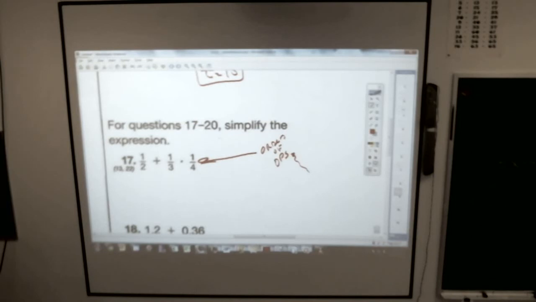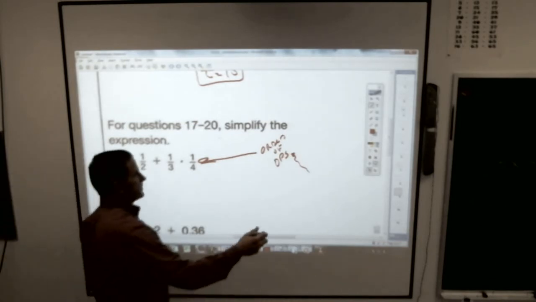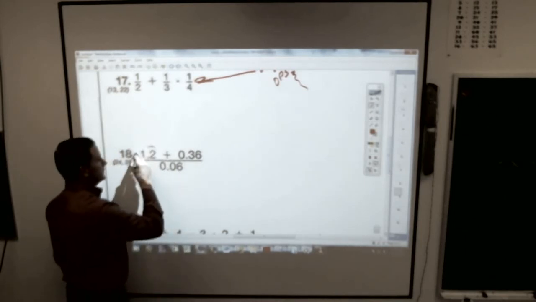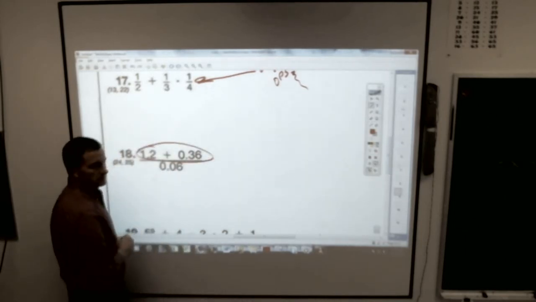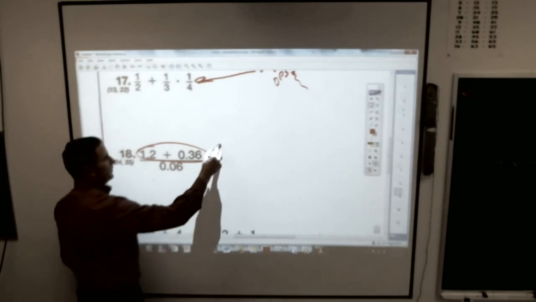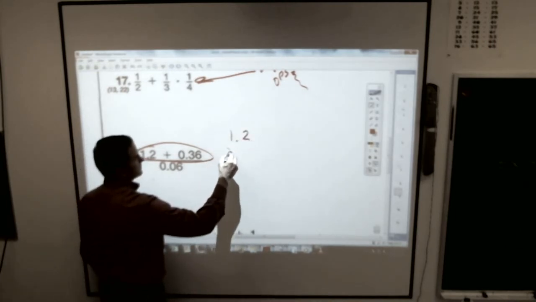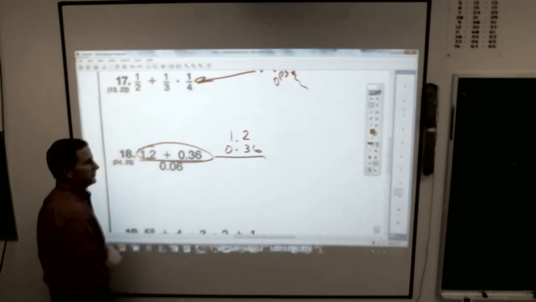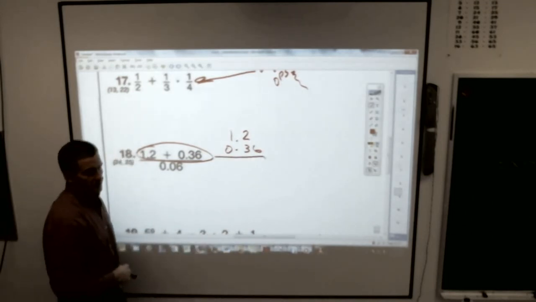Pardon? I didn't get number 18. Did you add these together first, Carter? Let me see. Yes. And you got what? 1.5. Well, I'm going to guess it's because you write too sloppily for your own good.